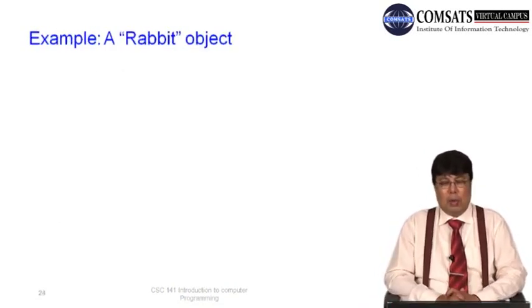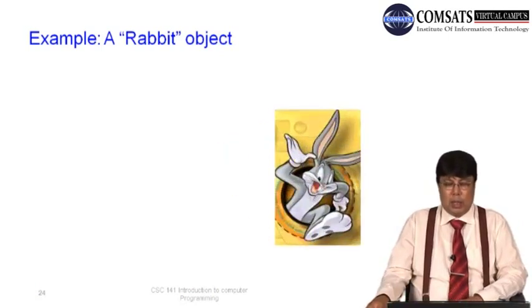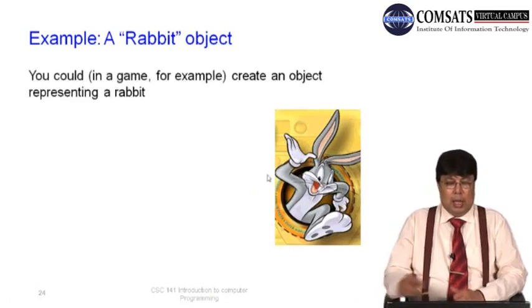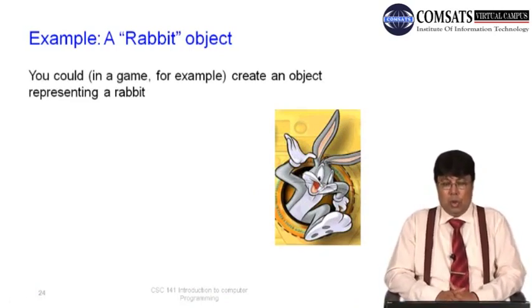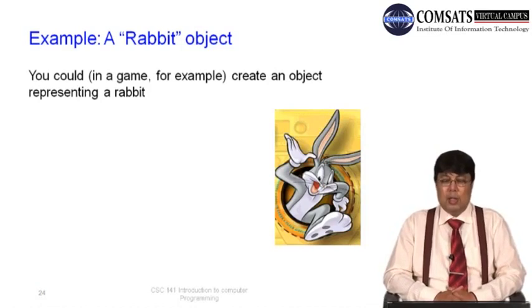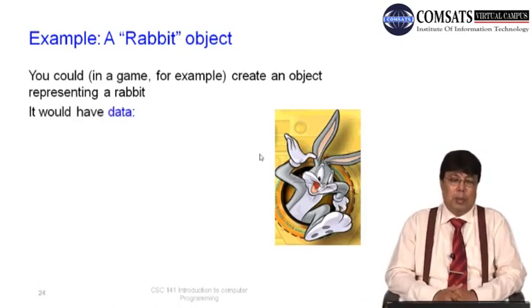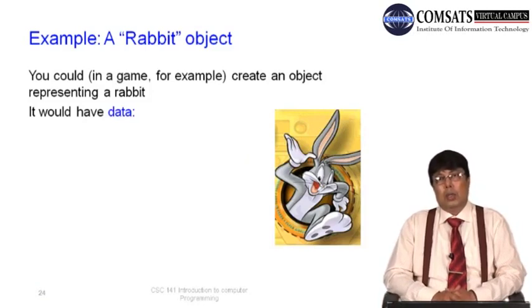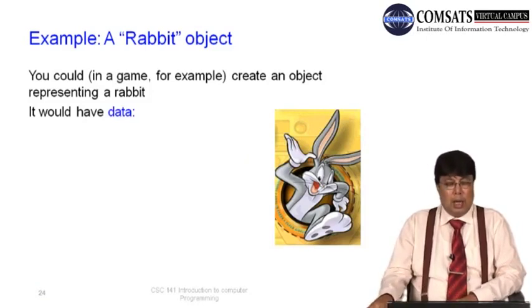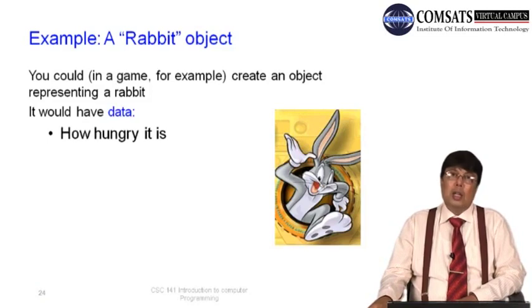We can see the example of a rabbit object. What is this rabbit object? Any rabbit that you use in different games, you can create as an object that represents a rabbit. Now the data that you could associate with the rabbit is how hungry it is.